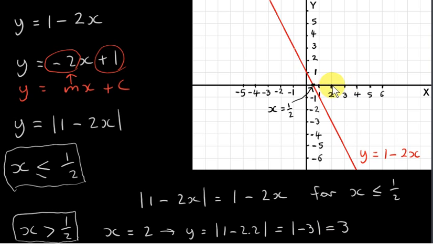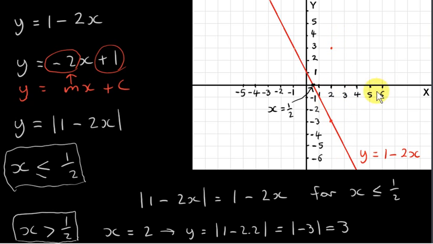For our old function, when x was 2, y was minus 3. But for our new function, y equals the mod of 1 minus 2x. When x is 2, y is plus 3. So you can see what's happening. For our new function, we have to reflect this part of the graph through the x-axis.